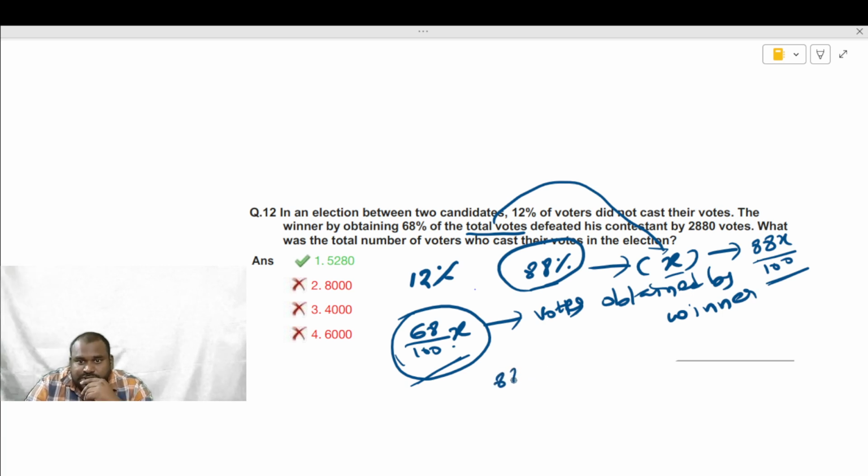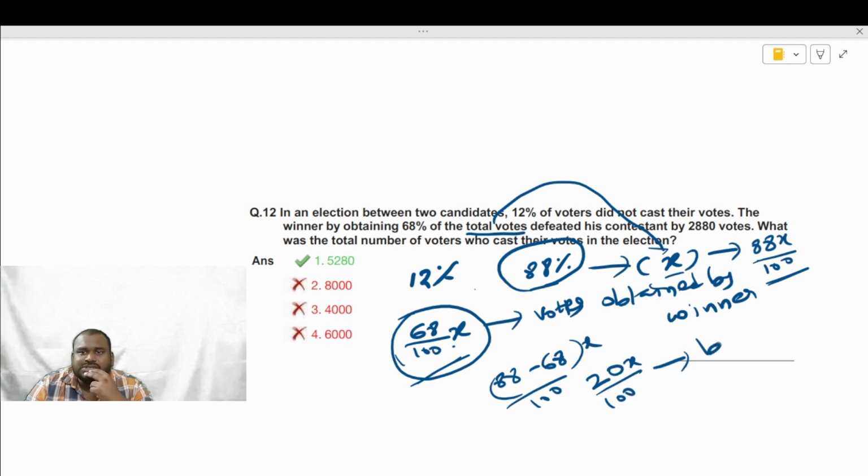So 88 minus 68, X divided by 100. It means 88 minus 68. How many votes? So 20X by 100 are the votes obtained by the loser. Now we got loser votes and winner votes.